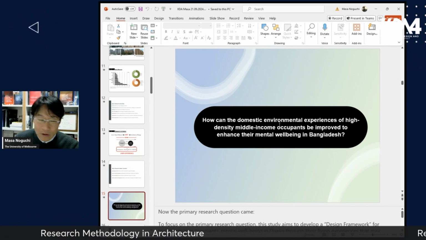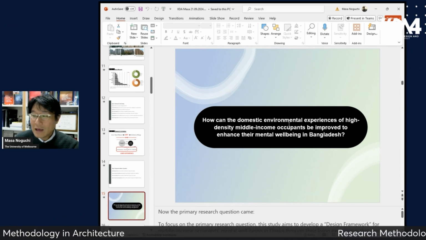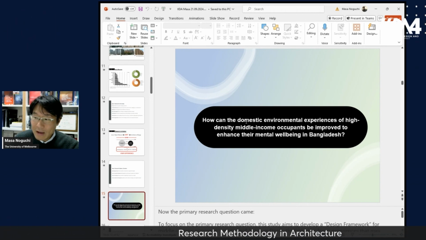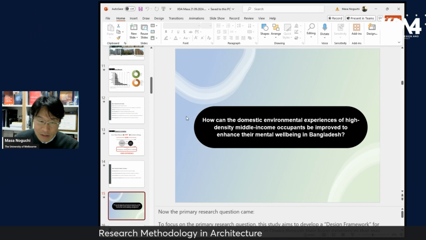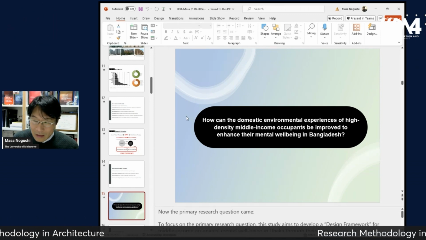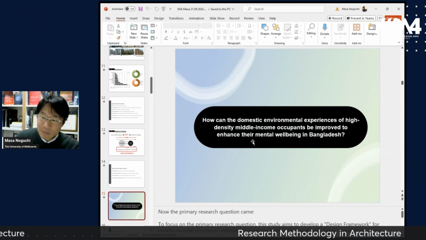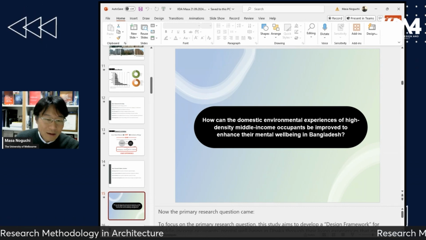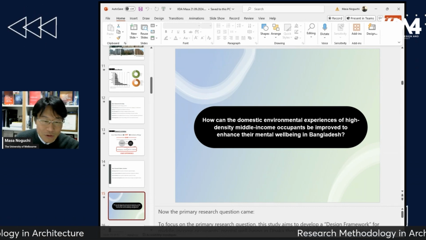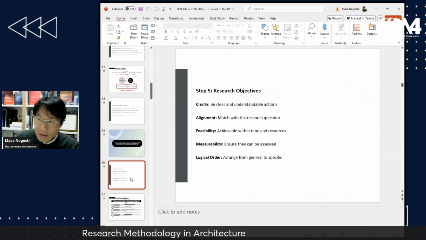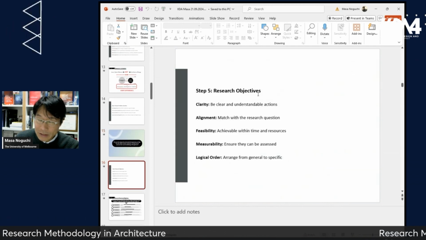Therefore, he focused on user experience, but in a slightly different way, domestic environmental experience, used as a channel to contribute to the enhancement of mental wellness of middle income occupants in Bangladesh. So let's move on to the next stage, research objectives.